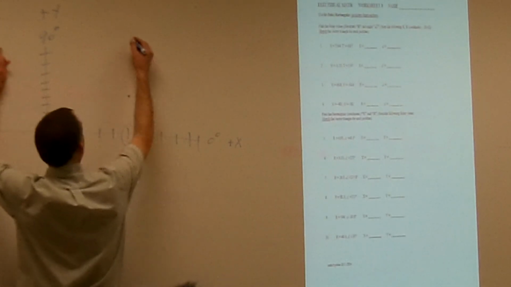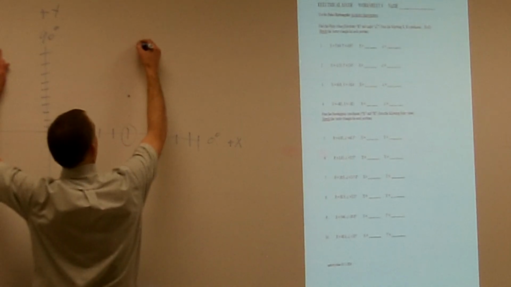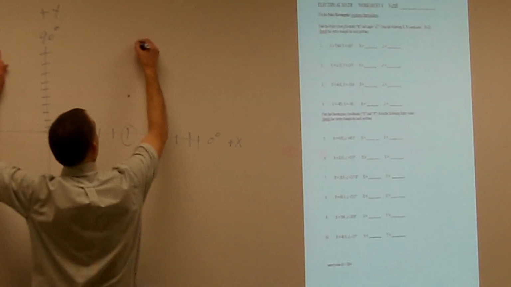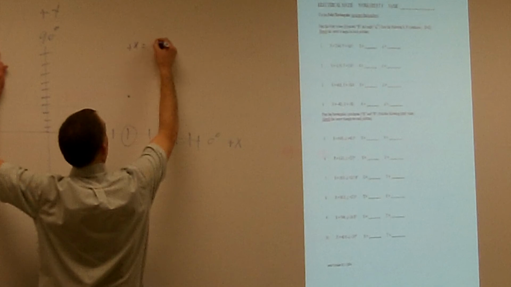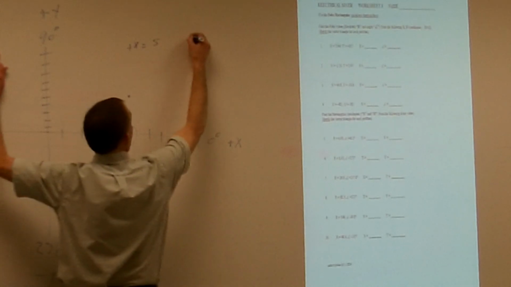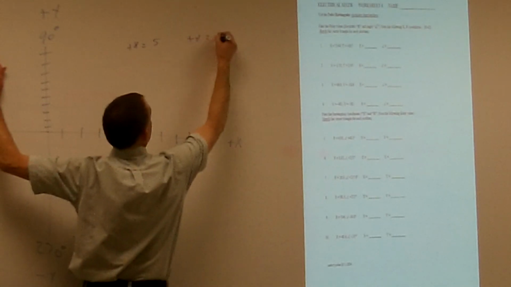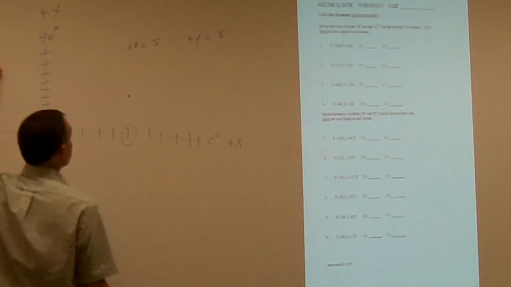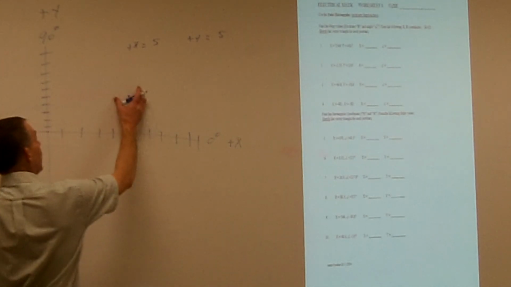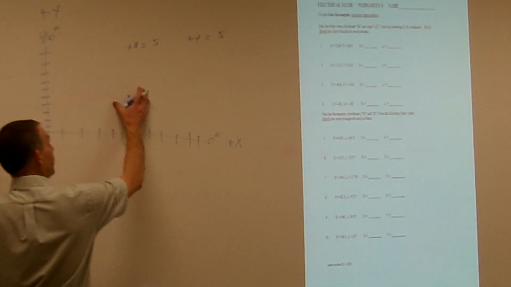So I'd represent this as a plus x equal to 5 and a plus y equal to 5. And I'm going to get a location for my vector here.